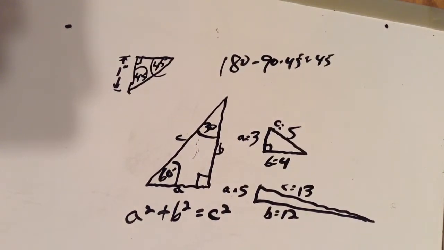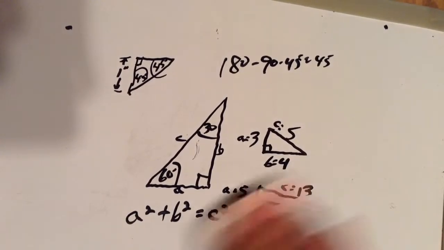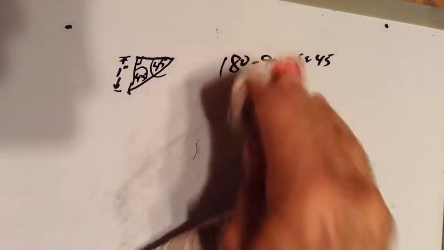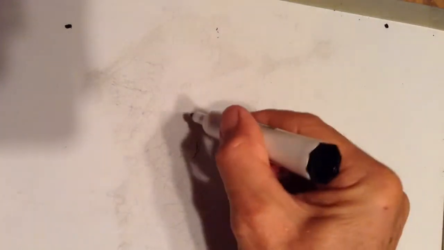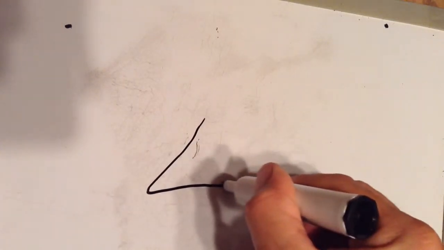We can prove that the angles of any triangle add up to 180. Give me a second to erase all this and make a little room here. Let's say we have a triangle, any old triangle, it doesn't matter what.